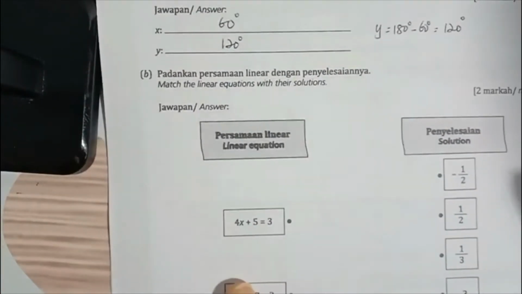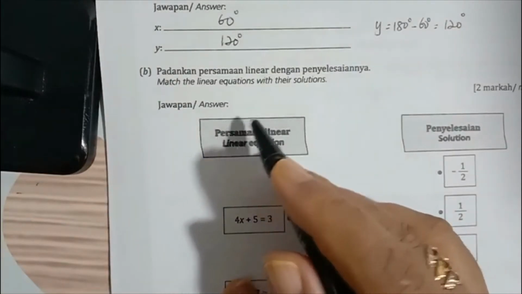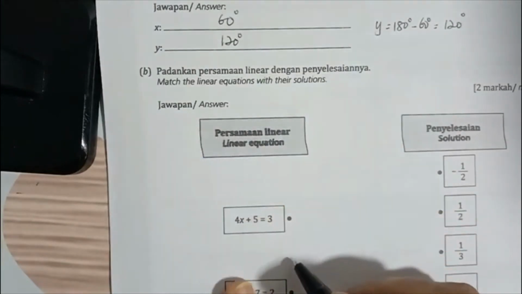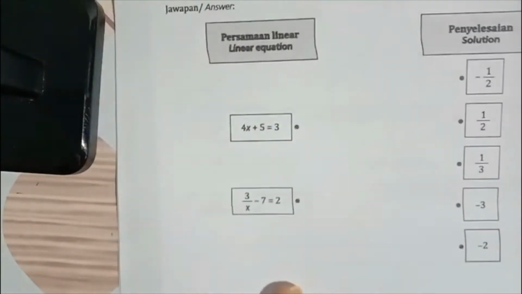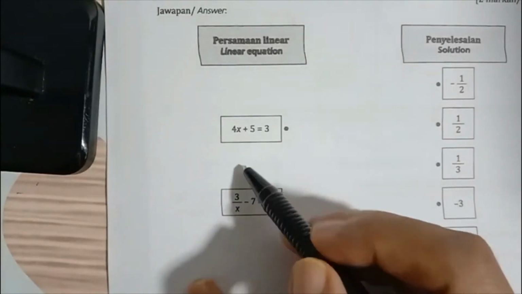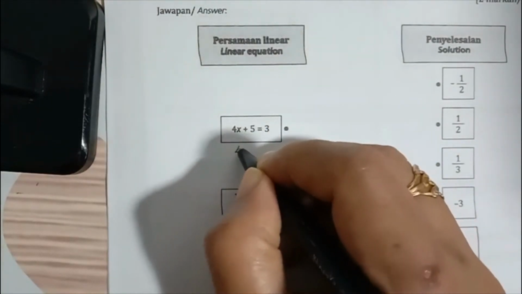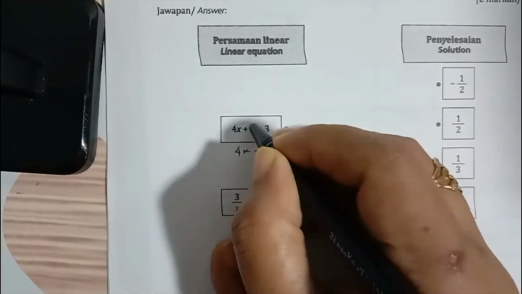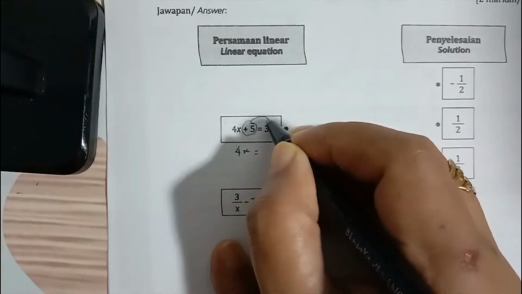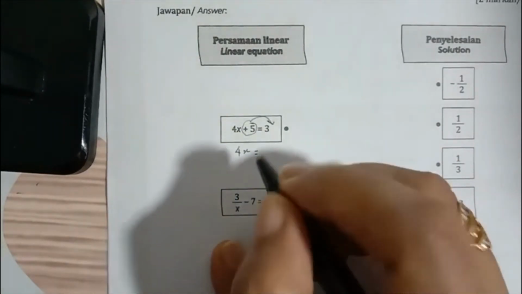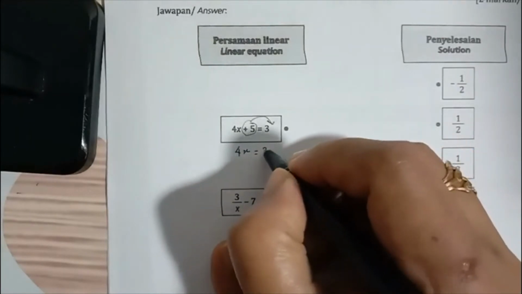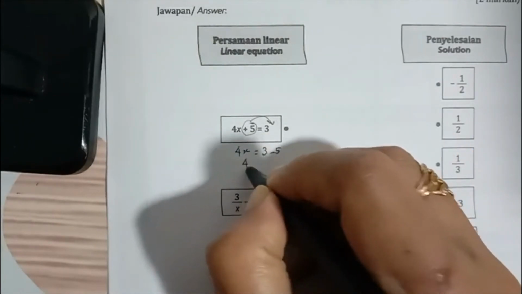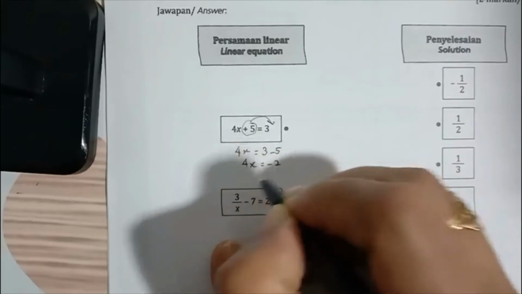Okay, part B, match the linear equation with their solution. Meaning you need to solve the linear equation. So from here, 4x plus 5 equals 3. You transfer to here, so 3 minus 5, meaning 4x equals negative 2.